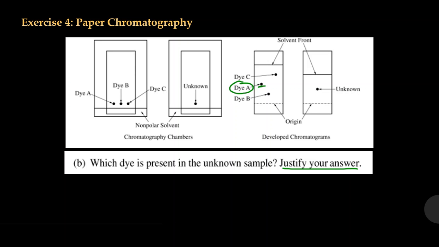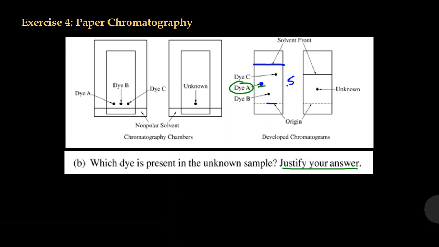We use the retention factor idea. We can estimate it. If you look here, the solvent front up here from the origin, dye A is about what? Approximately halfway. So that's 0.5, right? If it traveled the whole way, it would be 1.